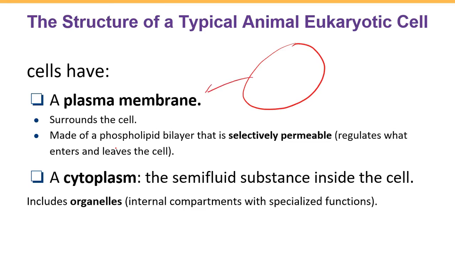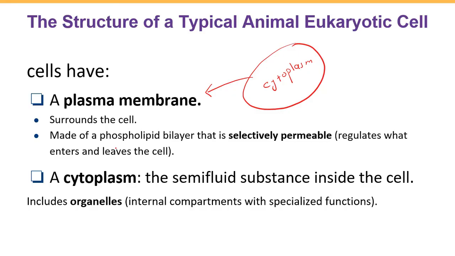The plasma membrane is the outer layer that surrounds the cell. You can think of it like a thin, flexible layer that protects the cell and holds everything together.